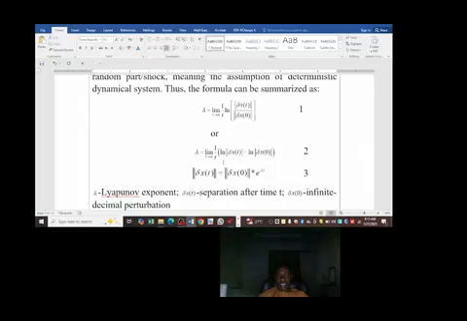Then s_t is the separation after time t. The s_0 is the infinitesimal perturbation.